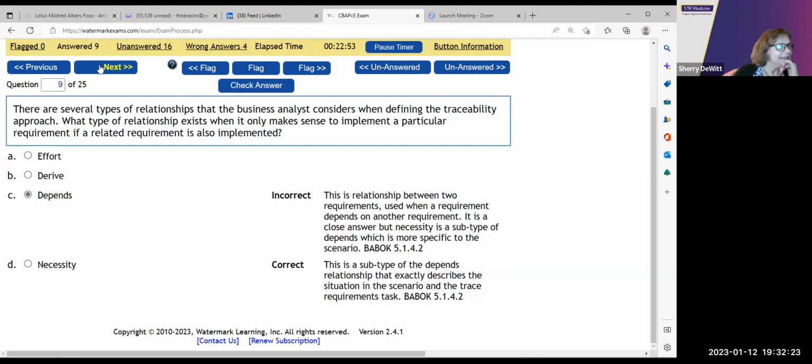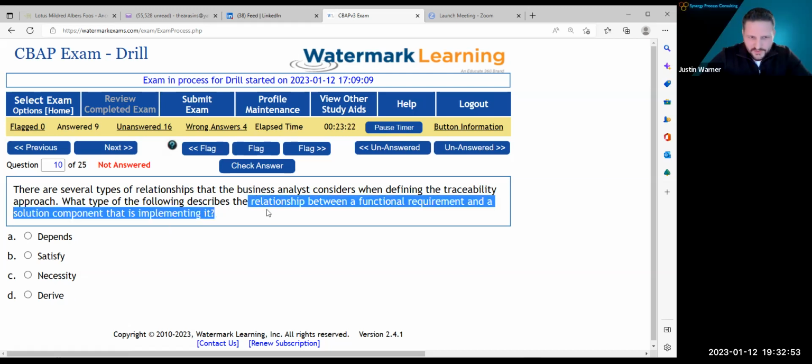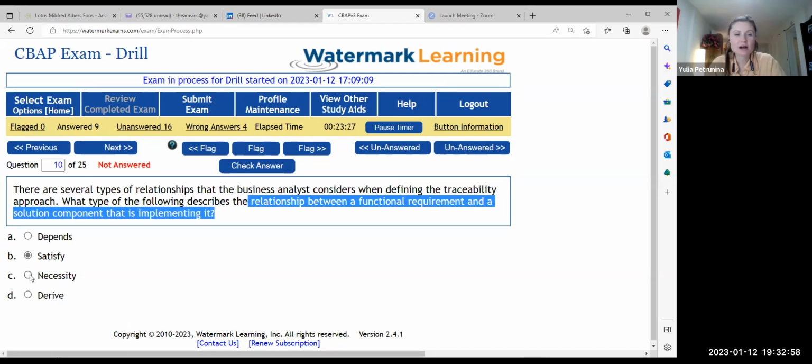Okay, number 10, there are several types of relationships that the business analyst considers when defining the traceability approach. What type of the following describes the relationship between the functional requirement and a solution that is implementing it? Is that depends, satisfy, necessity, or derive? I think that satisfies it. The solution is satisfying.